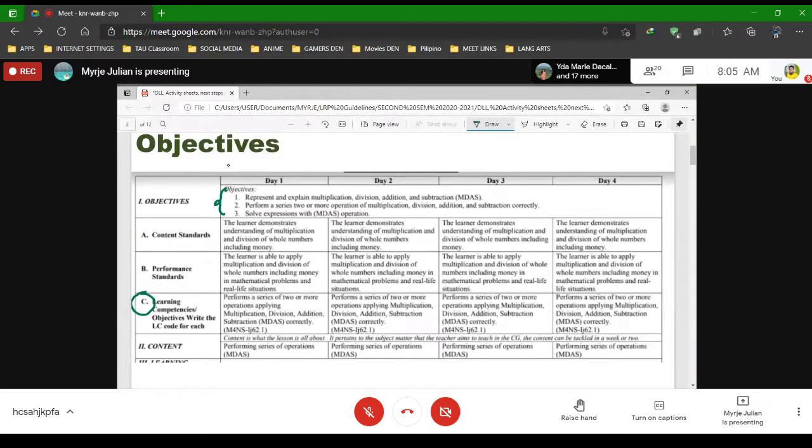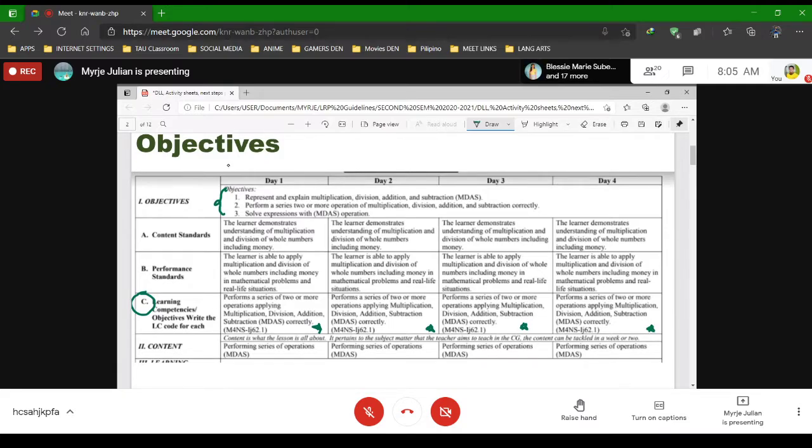So, makikita natin dito yung mga learning objectives dito sa bandang letter C, perform series of two or more operations applying MDAS. Okay? So, nakita natin na itong competency na to is the same with this one and same with this one. Pare-parehas lang pala.